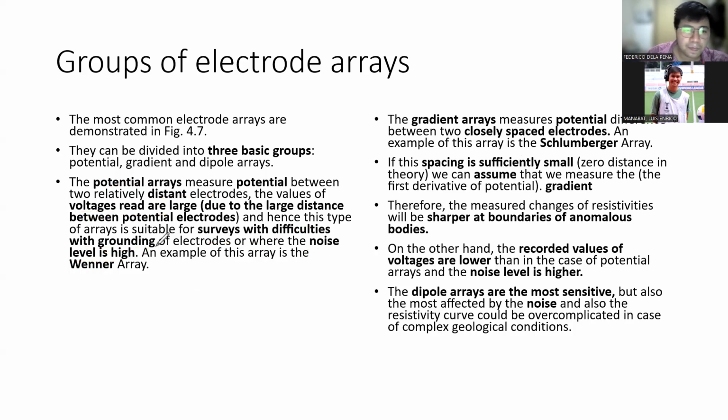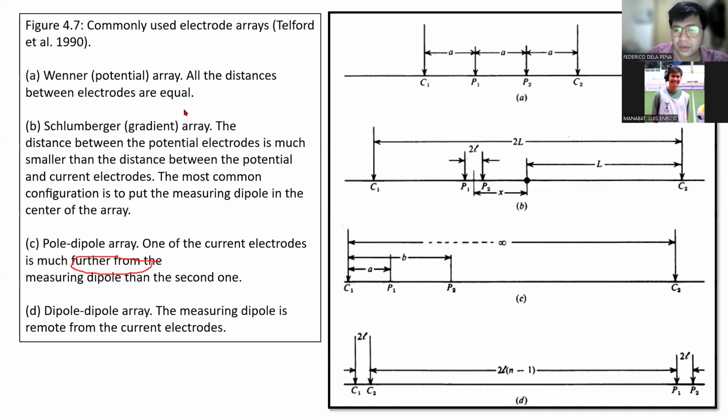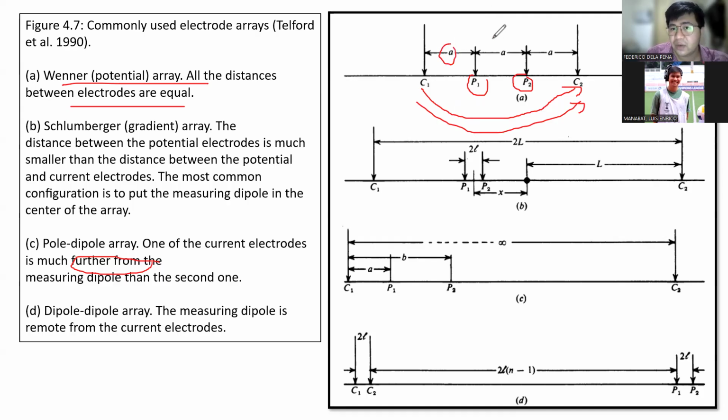An example of a potential array is the Wenner array. This is the setup of your Wenner array. It's the simplest looking geometry. You simply have your current being injected on the outside, and then you have your potential electrodes on the inside, and their distances are always equal. A is equal to A is equal to A. So this is very simple.